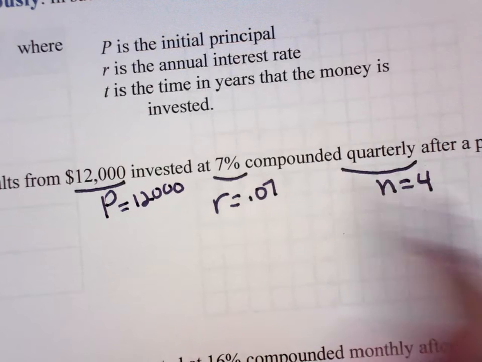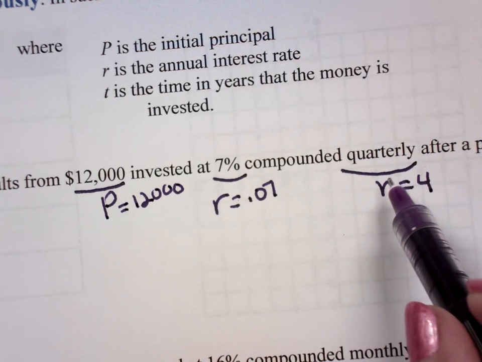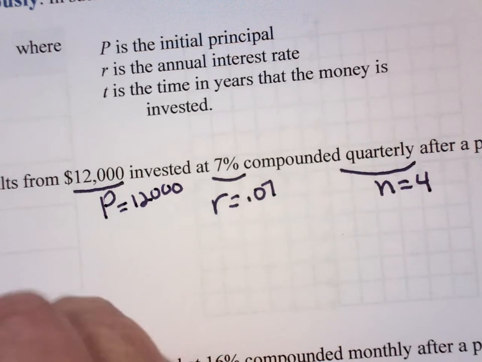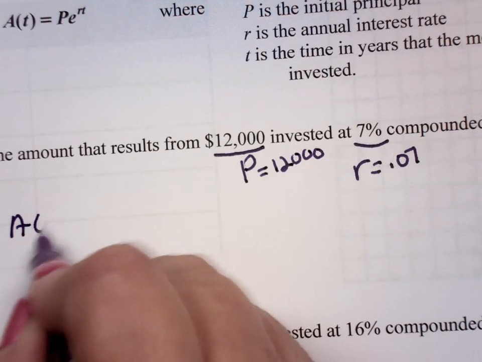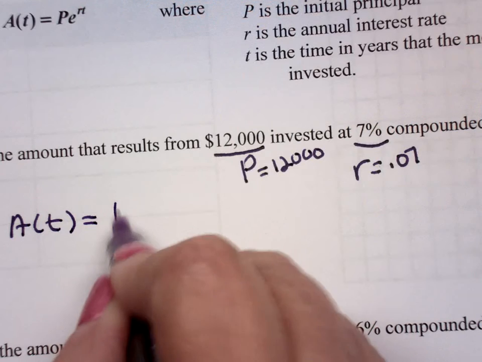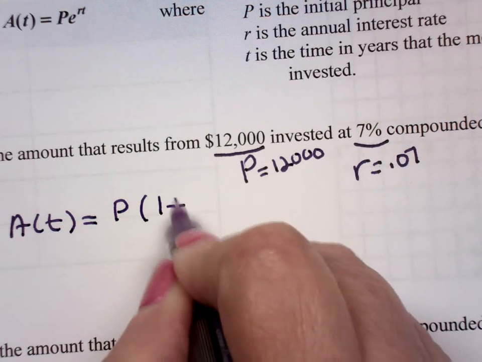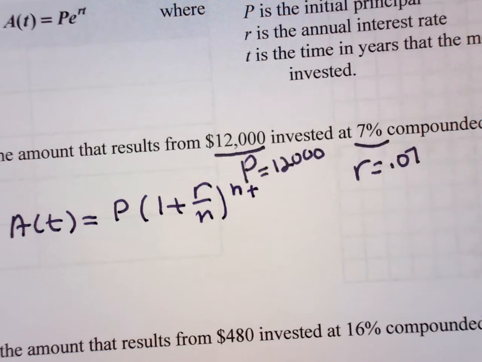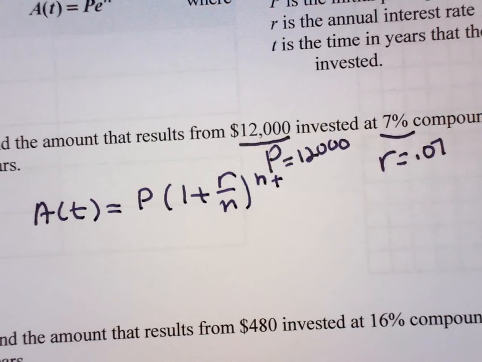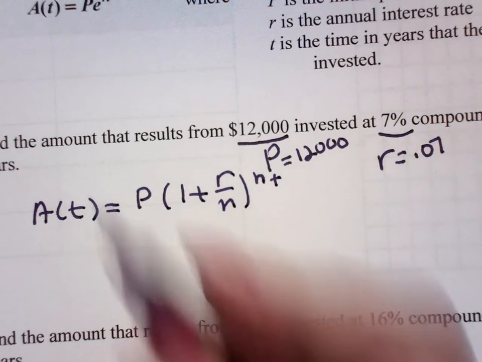So the formula, because it is a numerical compounding, says that A of t equals P times (1 plus r over n) to the nt. It becomes a plug and chug. t is time, t is 9.